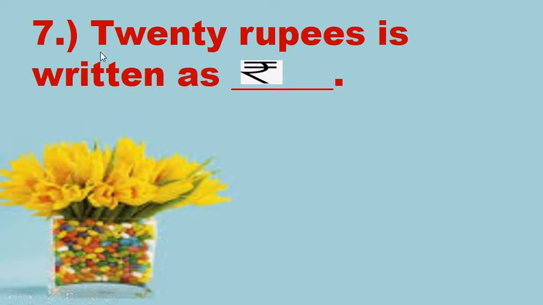Number 7. Twenty rupees is written as rupees dash.